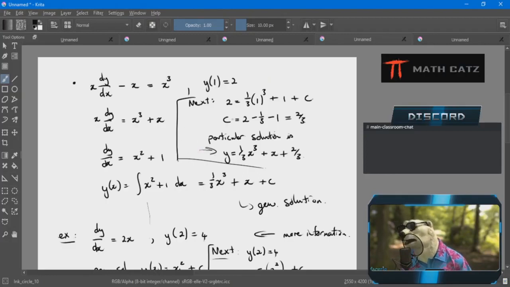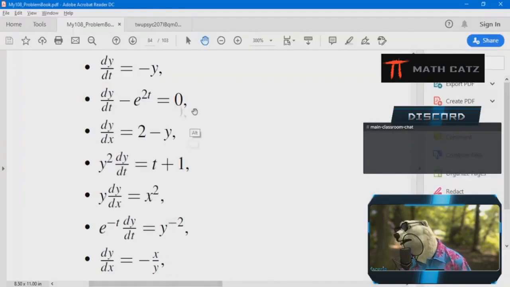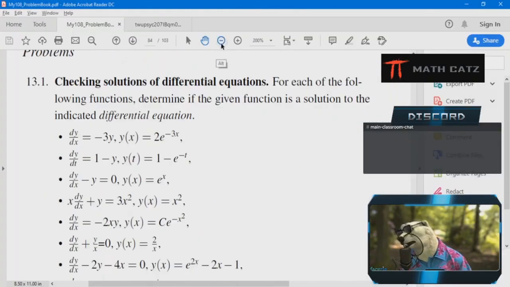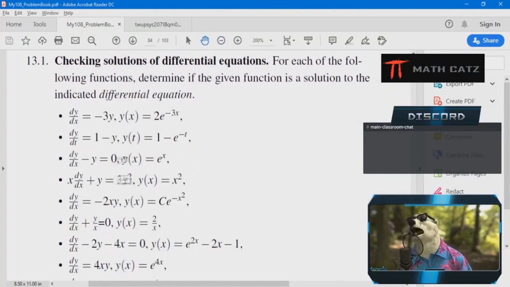So this is going to be the basic concept, even though we might make the differential equation a little bit more complicated. The idea of a general solution, particular solution, initial value problem, and all that remains the same. So for now, I would recommend you only look at the first set of questions where we are given a potential solution, and I just want to verify if that is a solution to the differential equation or not.